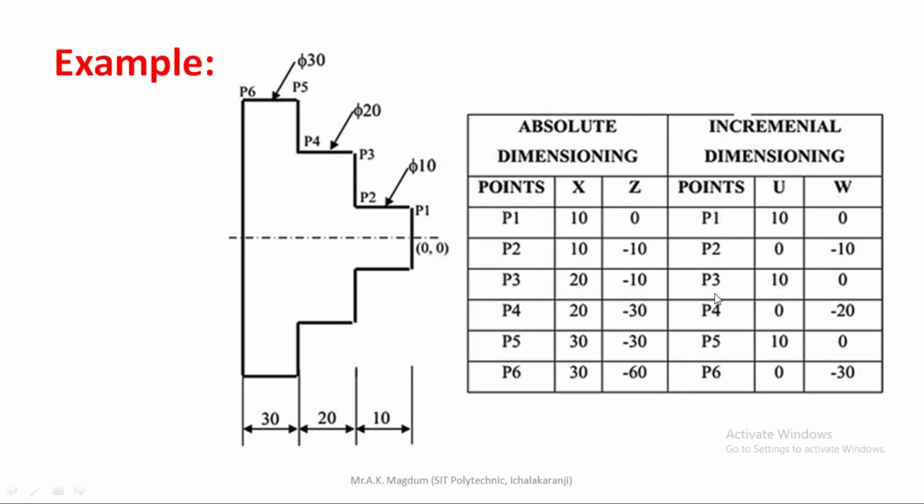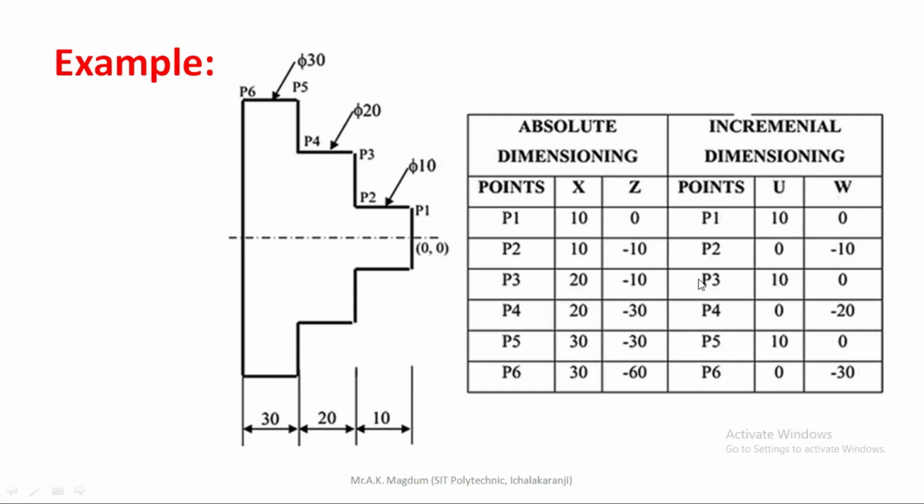Next, for P3 in an incremental dimensioning system, the diameter is 10. How is it 10? Because our tool already has a position number P2, and this tool is shifted from P2 to P3. P2 has a dimension of 10, plus 10, that is nothing but 20.